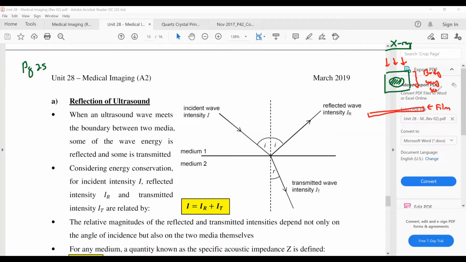If you want to produce an image using an x-ray, the idea was that you need to have an x-ray beam passing through the body being scanned. You actually want the x-ray to pass through your structure, so that it can be incident on the film behind your body and darken the film, right?